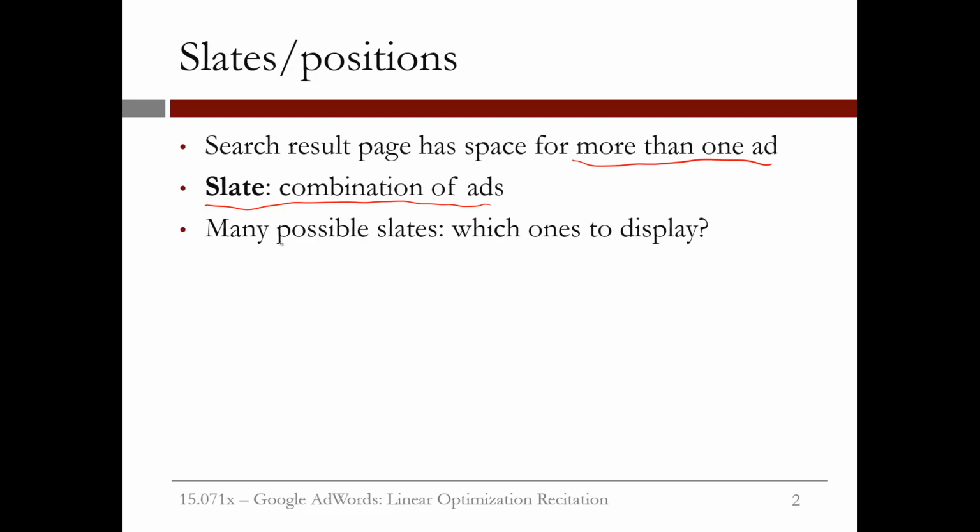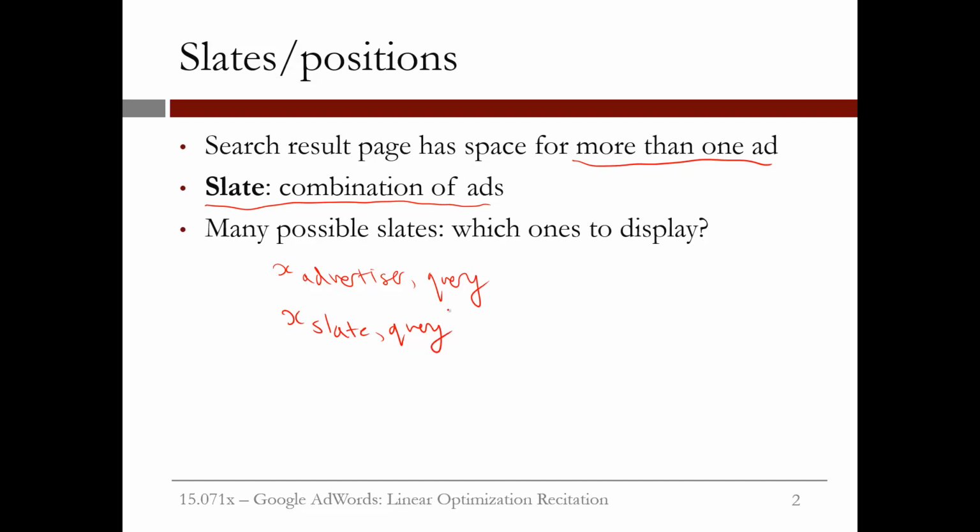Before, our variables were defined as x of a given advertiser and a given query. But now we would instead define them as x for a given slate and a given query.